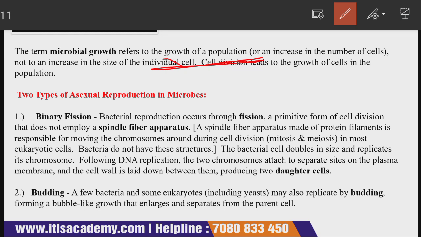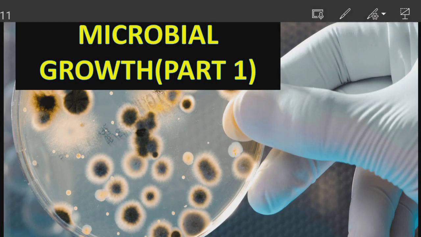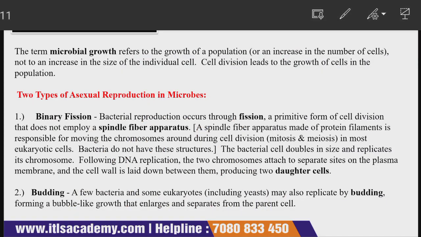The cell division leads to the growth of the cells in the population. So what leads to the cell growth? Cell division. Cells divide themselves and grow into two new daughter cells. That is how the population of microbes grows. So microbes grow with the help of cell division.